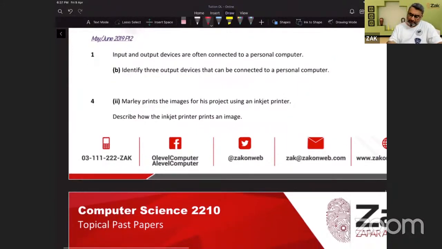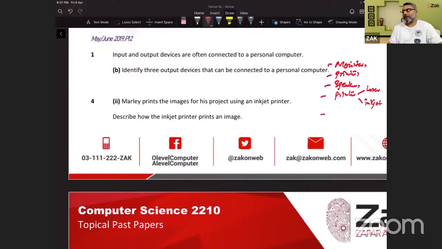Now you have got monitor, printer, speaker, laser printer, inkjet printer, DLP or LCD projector, whatever comes to your mind, that is fine.